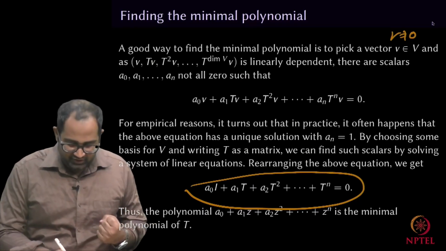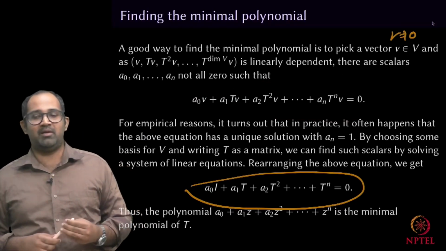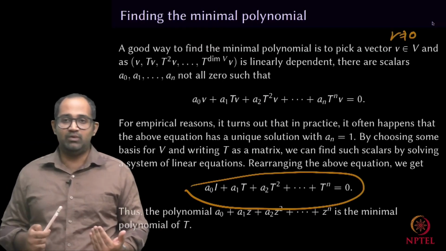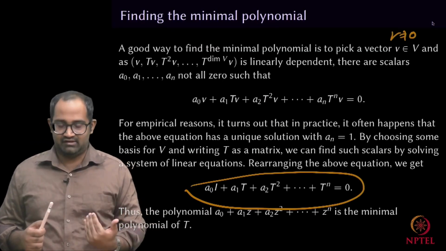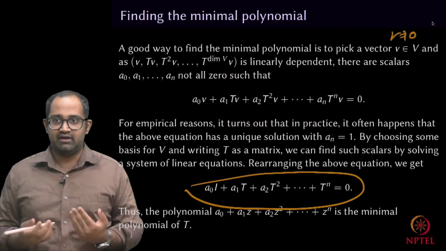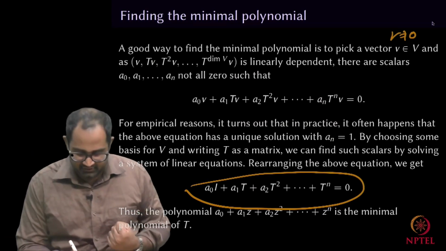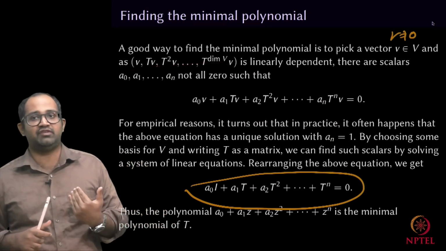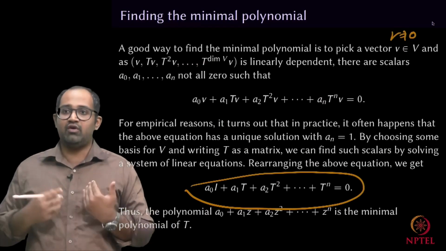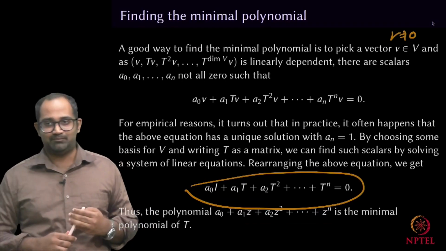And because there is only one solution for this, it has to come from the minimal polynomial, because the minimal polynomial is also unique. The minimal polynomial is the unique monic polynomial that destroys T. There is only one set of scalars that gives you a linear relation with an equal to 1 on this list of vectors v, Tv and so on. Therefore, you are forced to conclude that this has to be the minimal polynomial of T.